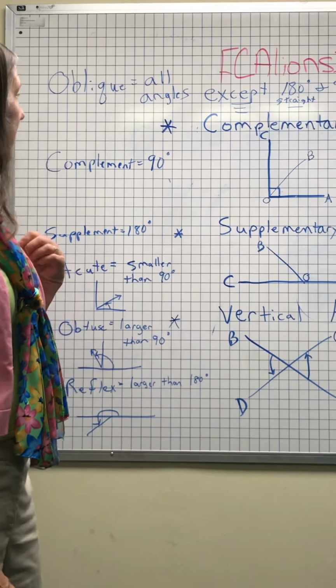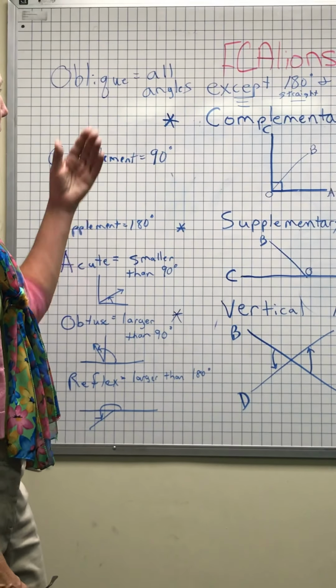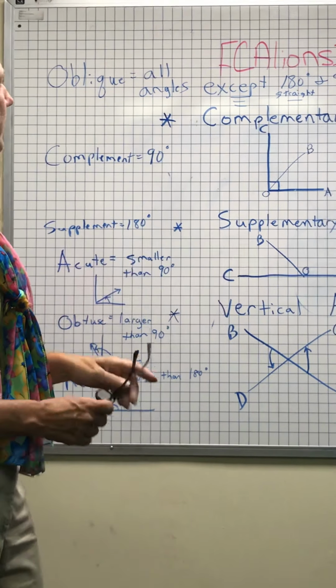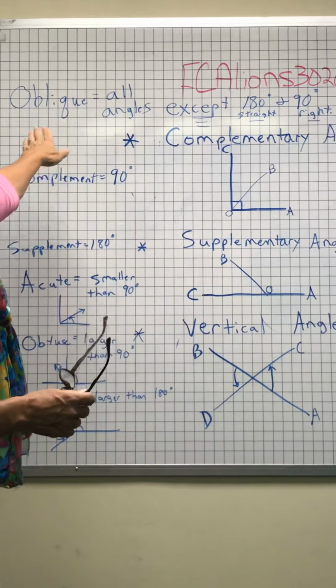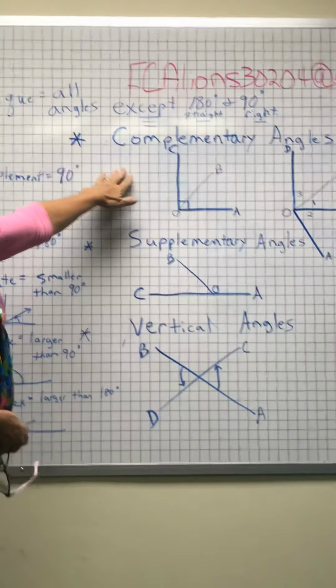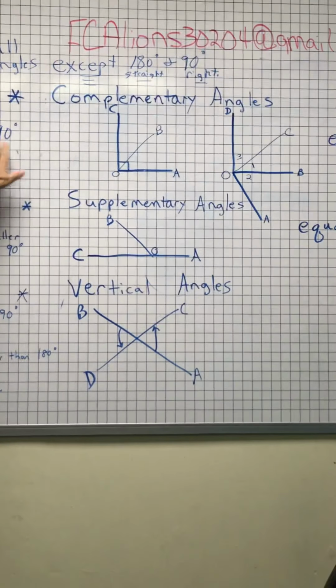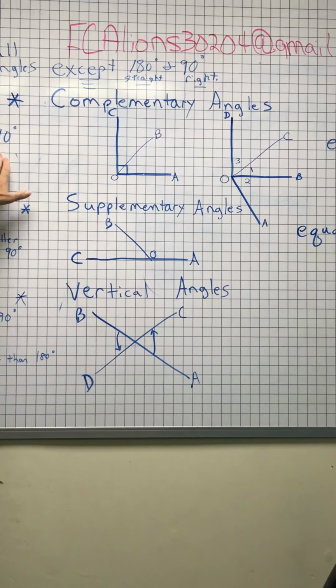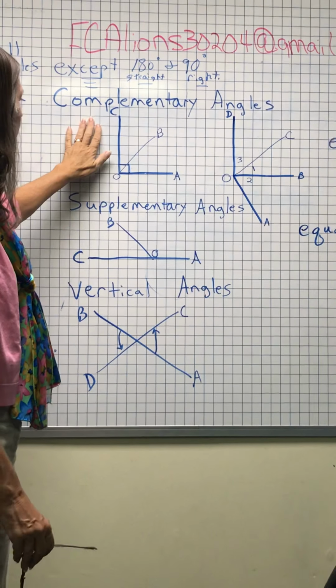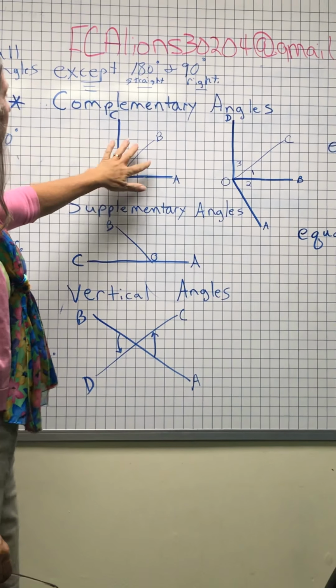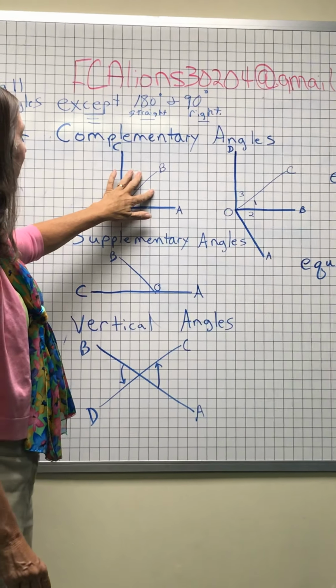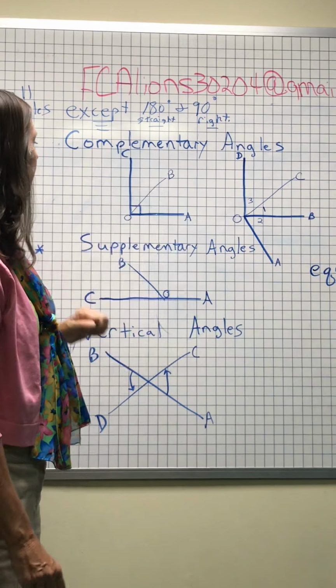Now this section also looks at 3 different types of oblique angles. The first is complementary, and that's the word complement. Complement means 90 degrees. So a complementary angle means that any 2 angles that when you add them together, you're going to get 90.